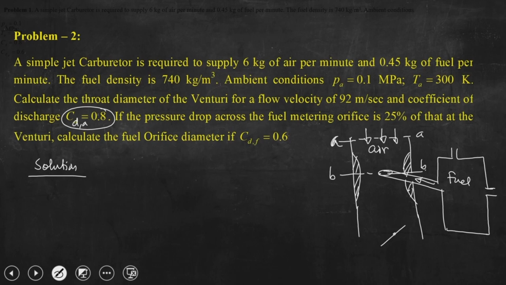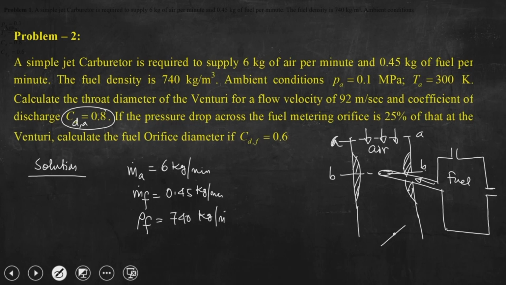So, what we can do, we can write down the data which we can read from the problem statement. That is mass flow rate of air, 6 kg per minute, mass flow rate of fuel, 0.4 kg per minute, density of fuel, 740 kg per meter cube.